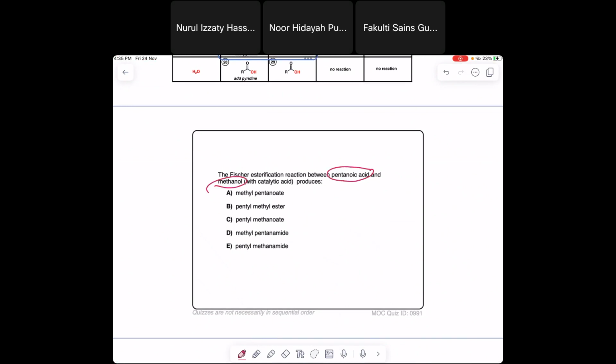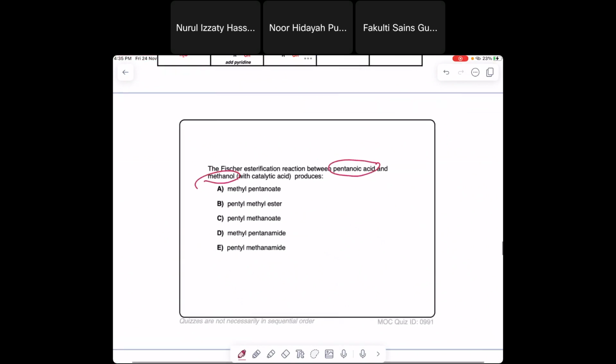Kalau kita tanya soalan ini, Fischer esterification between your pentanoic acid and your methanol, what will you get? Okay, so kalau kita lukis pentanoic acid lah kan. Okay, your pentanoic acid and your methanol. Pretty much right. You ada H plus, right?